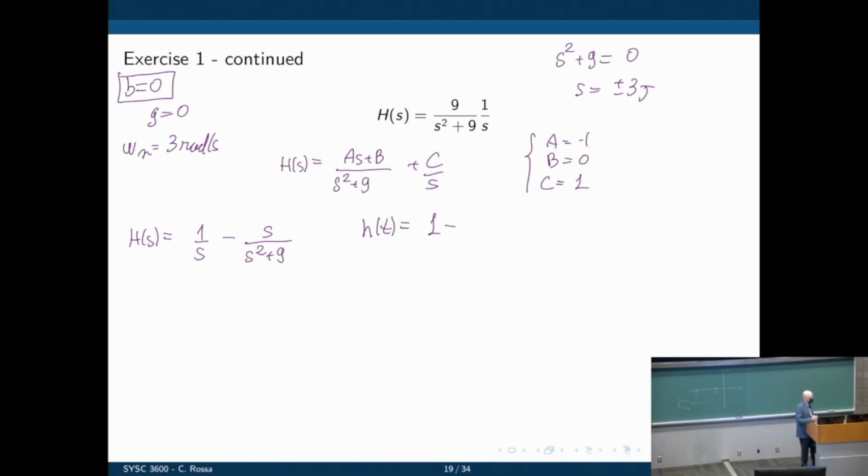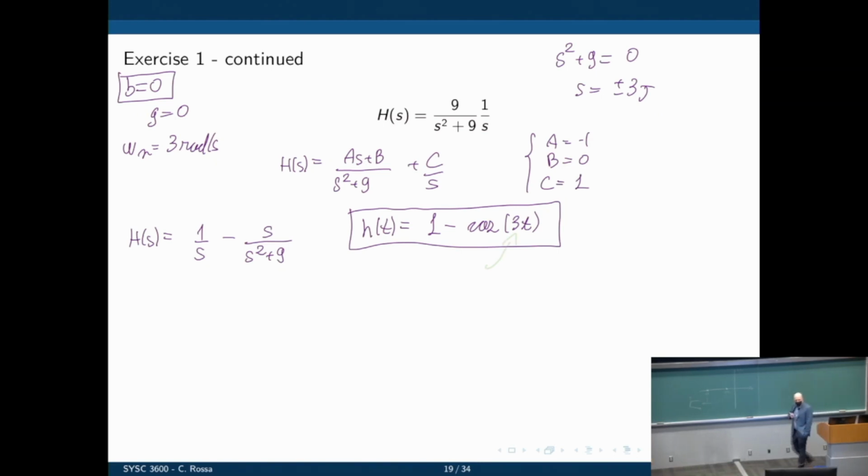Inverse Laplace of s divided by s squared plus 9 is cosine of, come on, folks, 3t. Very good, thank you. 3t. See, the natural frequency showing up in the frequency of oscillations there. It is oscillating at 3 radians per second, which is precisely the natural frequency.